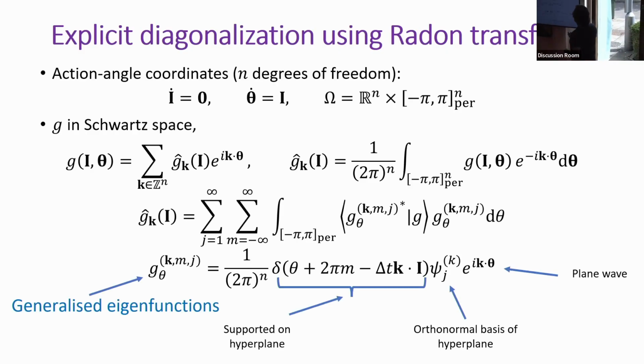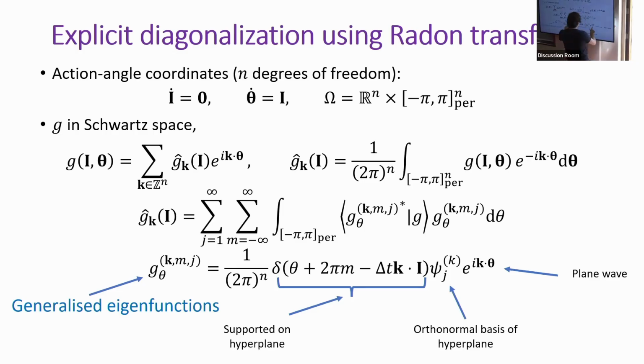Then you can represent this coefficient in terms of this sum. What you get back is a decomposition of G: G is this sum here, of these coefficients. So you take this block and you shove it in here.